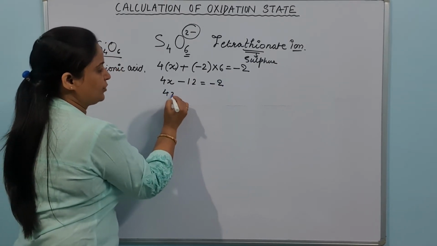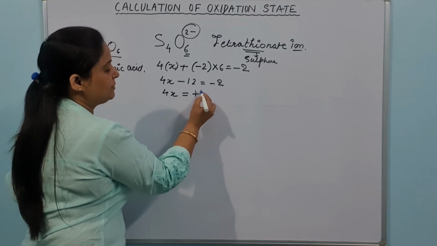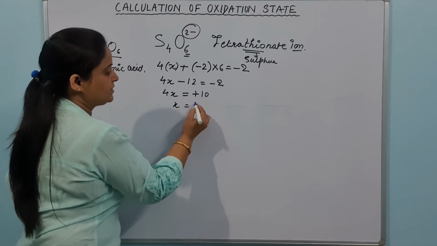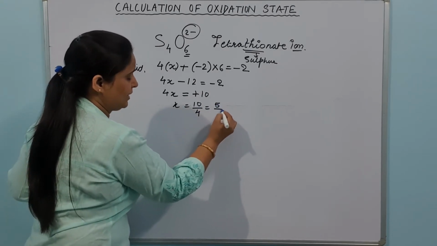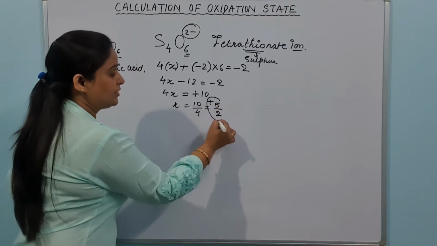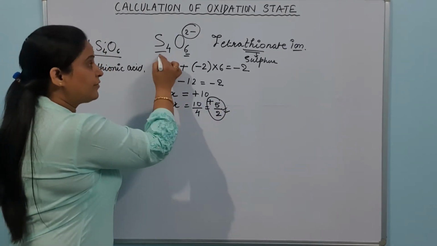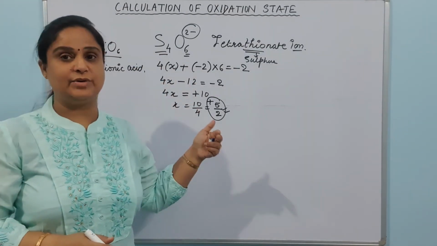So 4x equals plus 10, so x equals 10 by 4, or 5 by 2. This is the oxidation state of sulfur in S4O6, that is the tetrathionate ion.